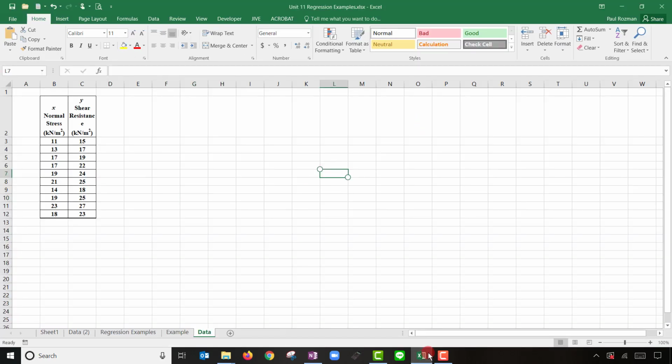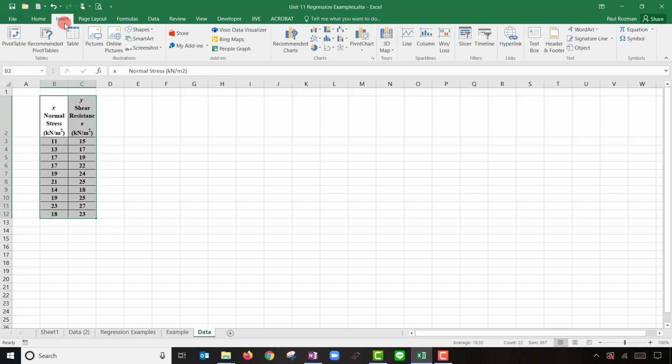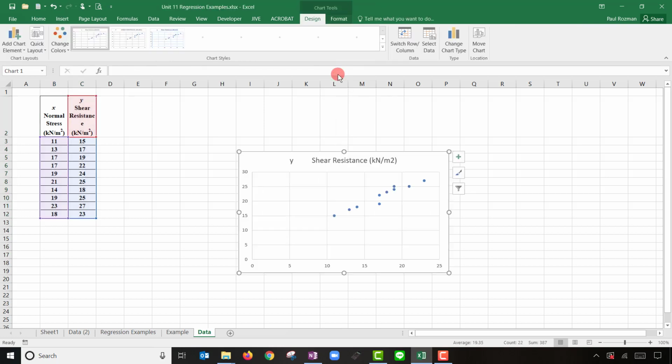So here's Excel. Here's our data. I'll quickly show you how you make all this. You can just grab all the data and insert a scatter plot.